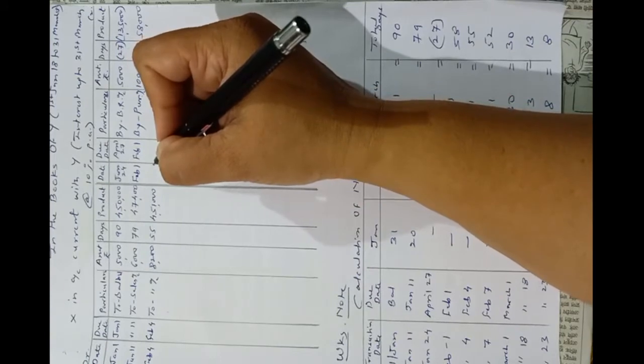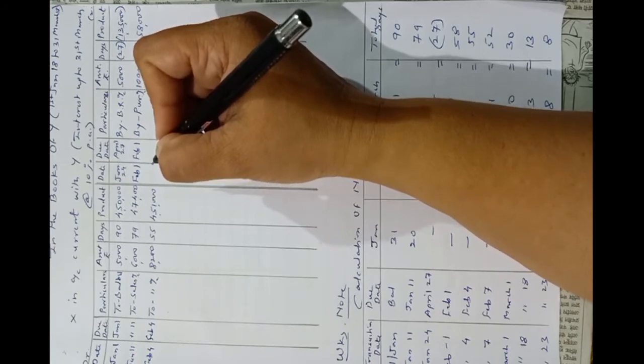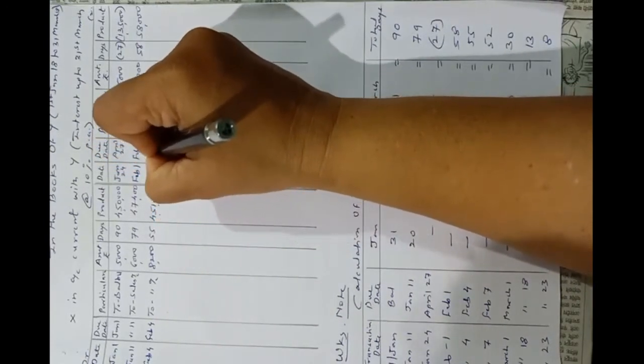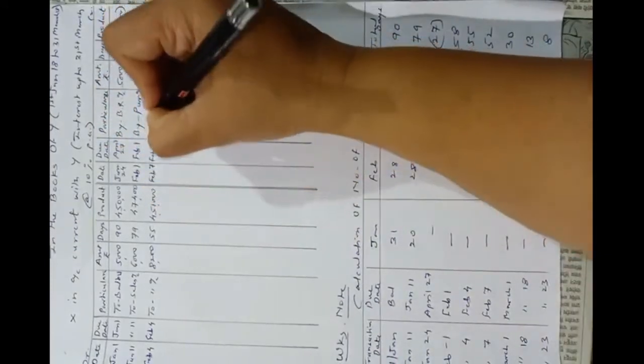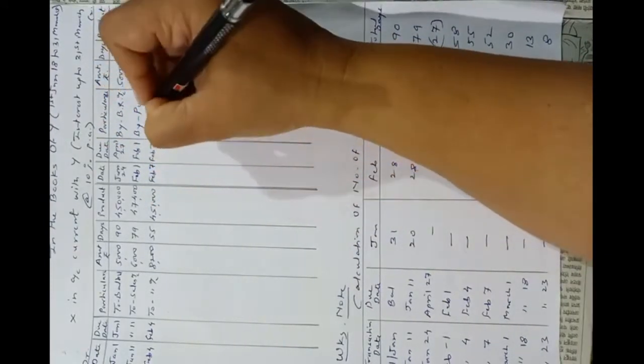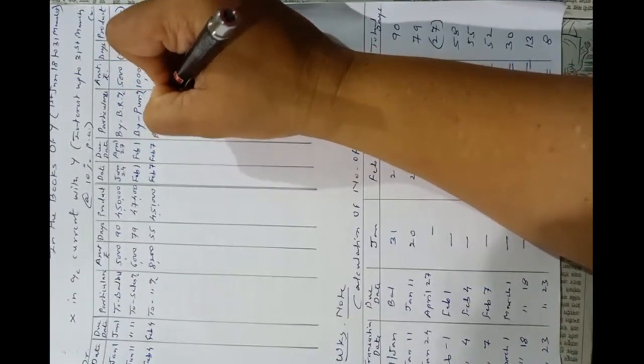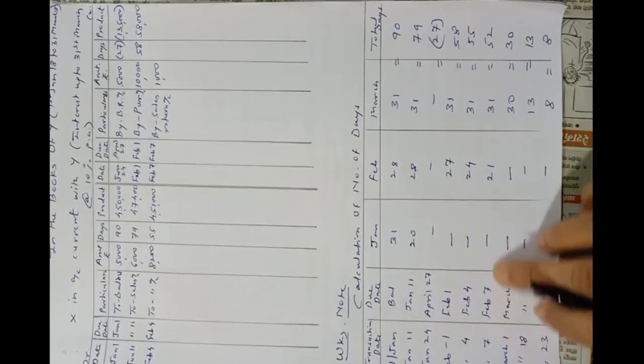Then February 7, X returned goods to Y. X returned goods to Y means it is sales return. So on February 7th, by sales return account, amount is 1,000. Number of days 52. So it is 52,000.